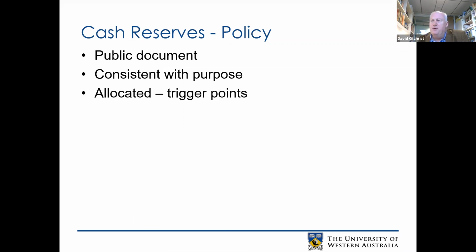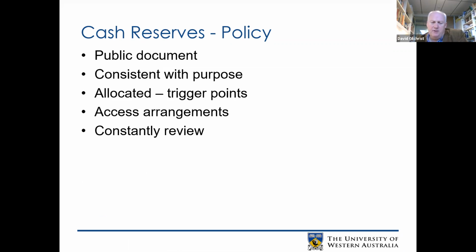The other element that's really important in terms of that cash reserve policy is those trigger points. And trigger points relating to when the money's actually spent and how it might be spent and how it might be reported back to the board is a really important aspect that needs to be articulated in that policy. The access arrangements are part of that as well.